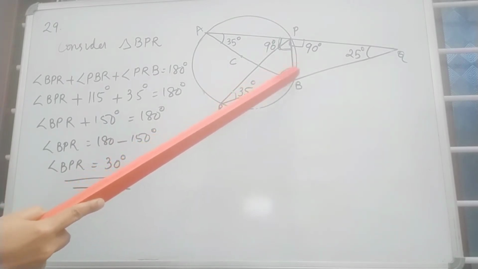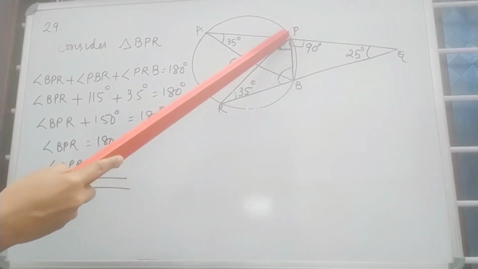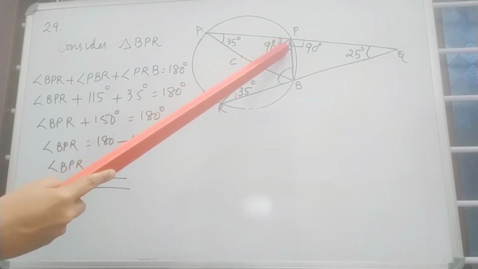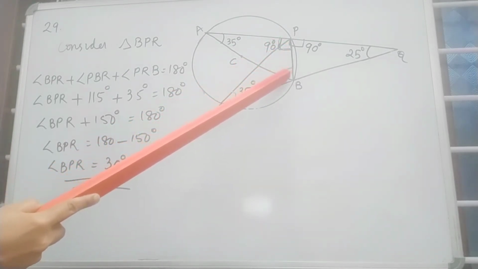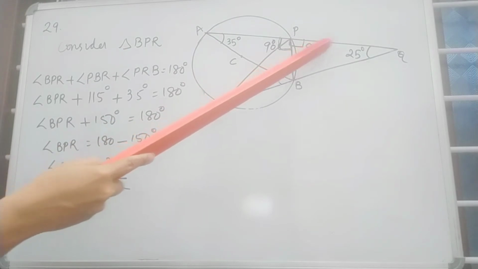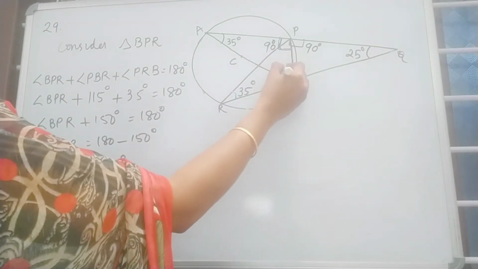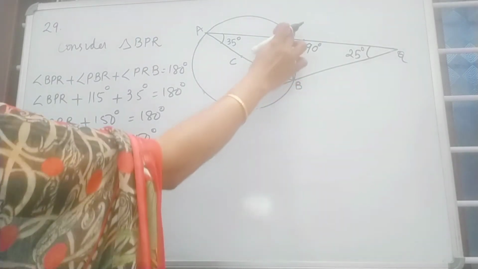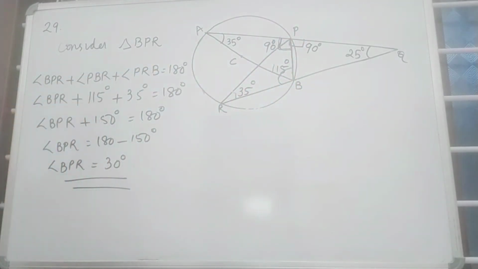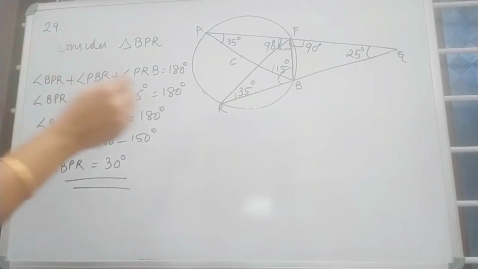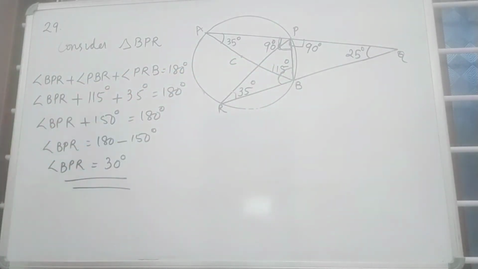We want to find angle BPR. From the second part, we got PBR as 115. So BPR will be 180 minus the sum of these two, which are 35 and 115.